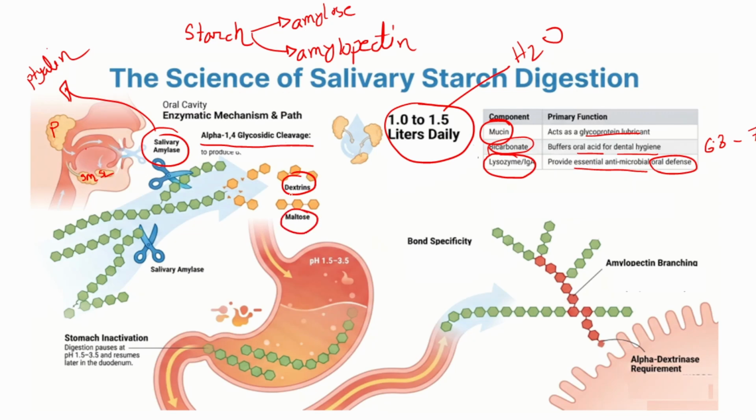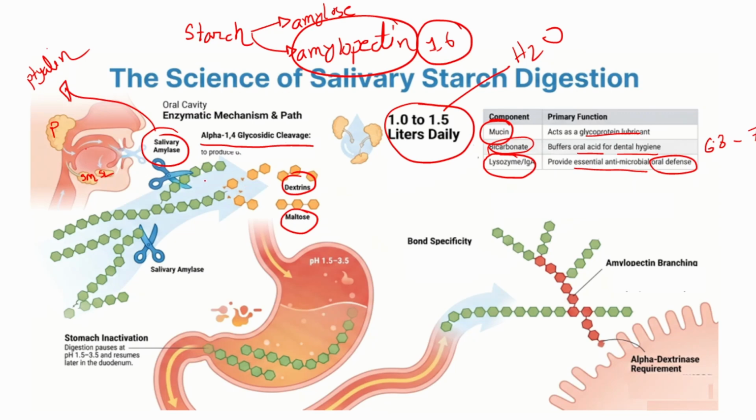However, we hit a major structural limitation when dealing with amylopectin branching. Starch contains alpha-1,6 bonds that remain completely untouched by salivary or pancreatic amylase because the enzyme only cleaves alpha-1,4 bonds. This leaves the 1,6 branch points intact as they move down the tract.